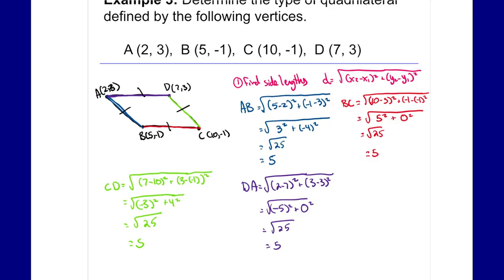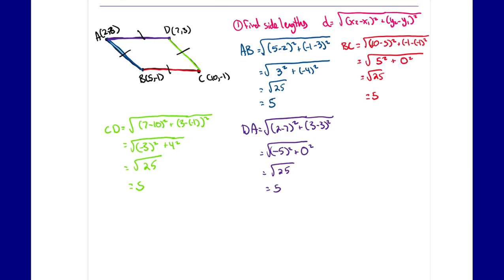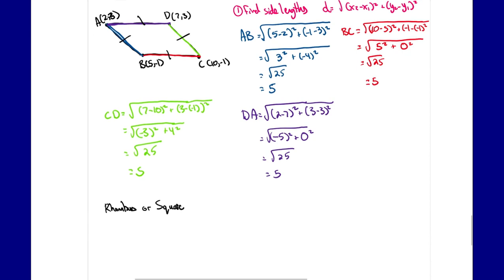So now that leaves us with two options, right? This is going to be either a rhombus or a square. Because it could be either one of those two, the last step is to determine the slopes. Do we have perpendicular lines? We only have to do one pair of adjacent sides.